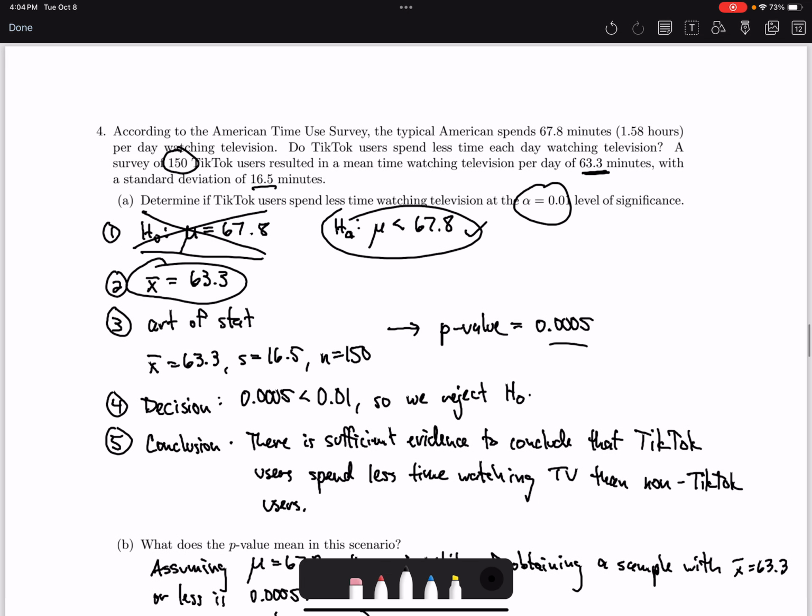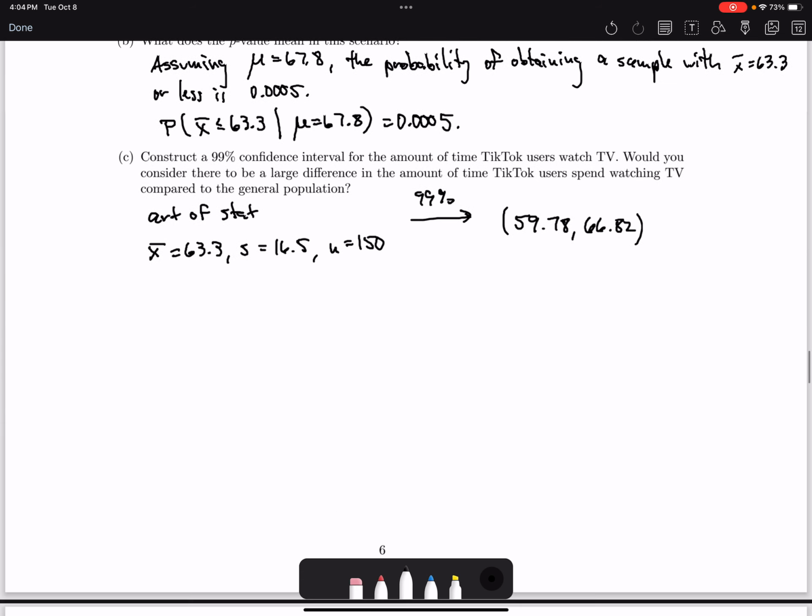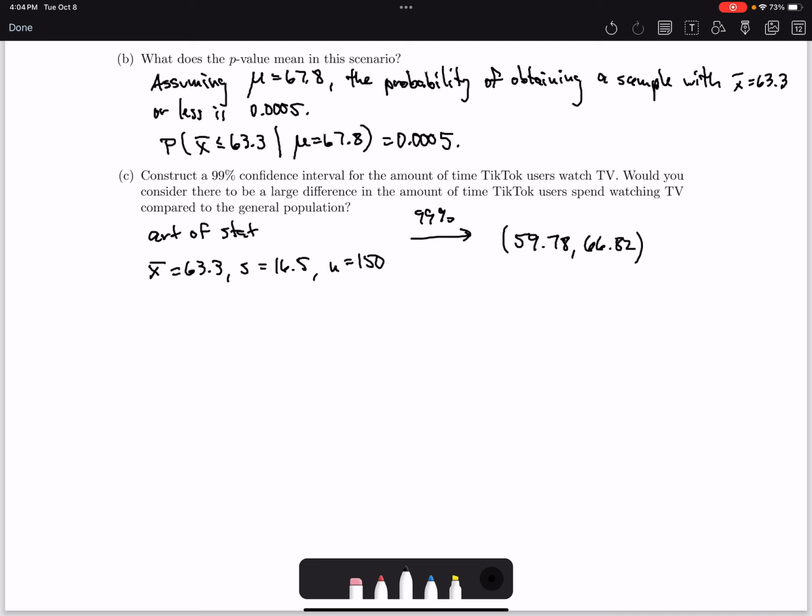Well, in the general population, the average time was 67.8 minutes, right? The TikTok users could spend as much as 66.82 minutes watching television. That just doesn't seem like a very substantial difference, you know.